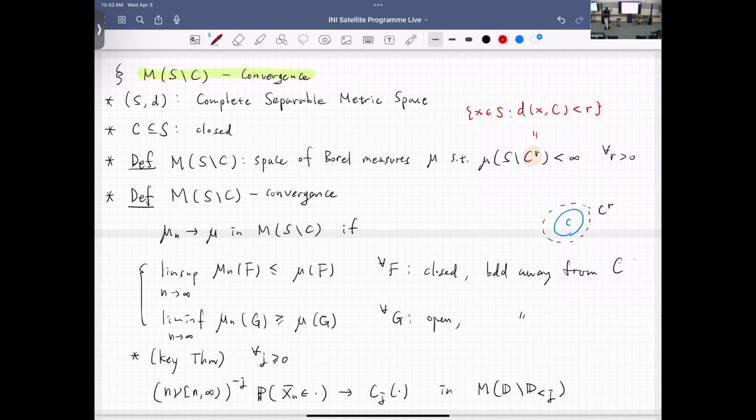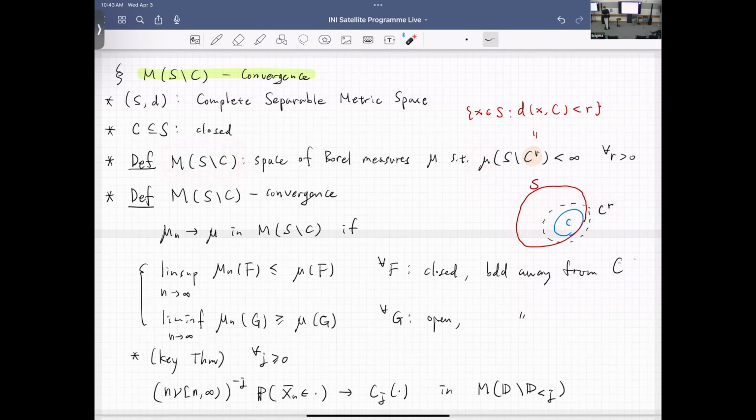And if this is the entire space S, then we're looking at this portion of S. So if mu assigns finite measure on this kind of sets for any strictly positive r, then that measure belongs to this set.